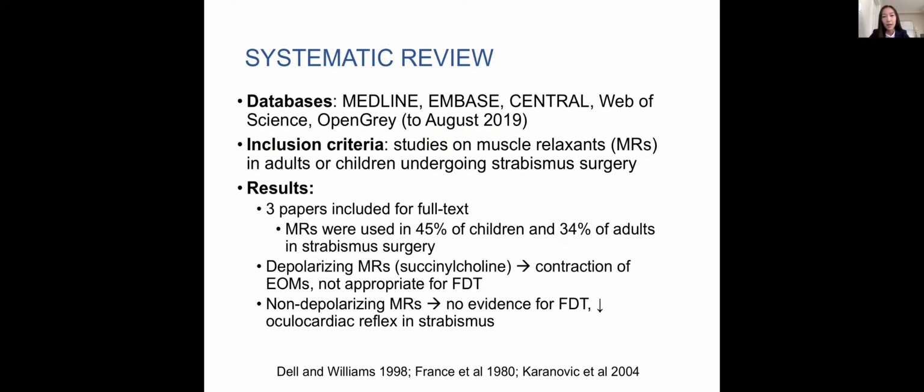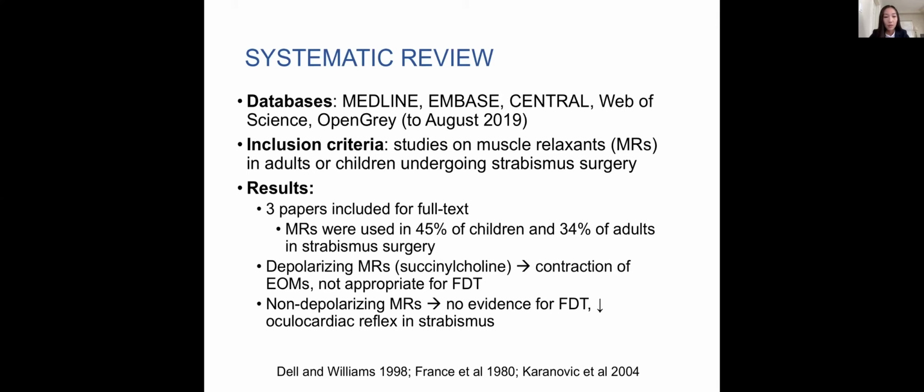For the systematic review, 3 studies met our inclusion criteria. Notably, one 1999 UK survey of 214 anesthesiologists found that muscle relaxants were only used in 45% of children and 34% of adults undergoing strabismus surgery. The other trials found succinylcholine to cause significant muscle contraction and intraocular pressure elevation, while pancuronium does not.